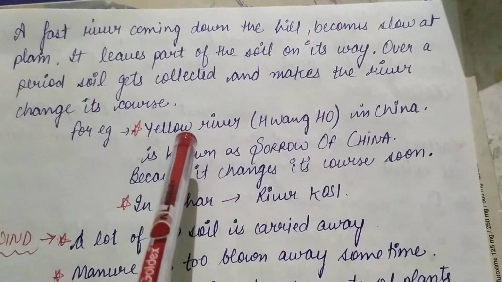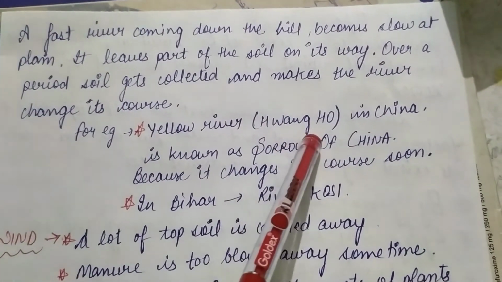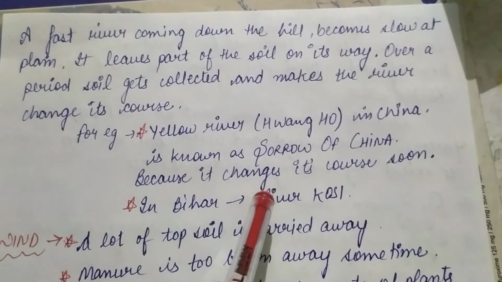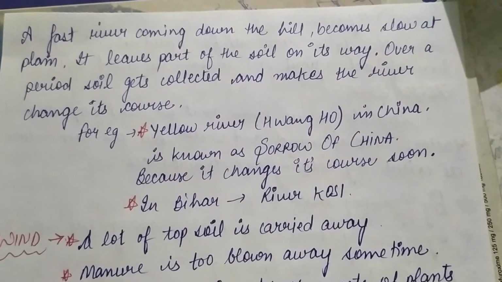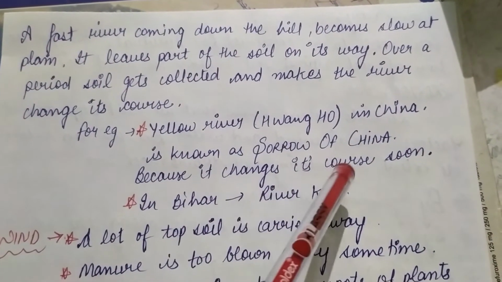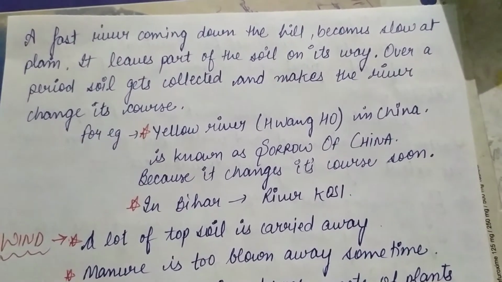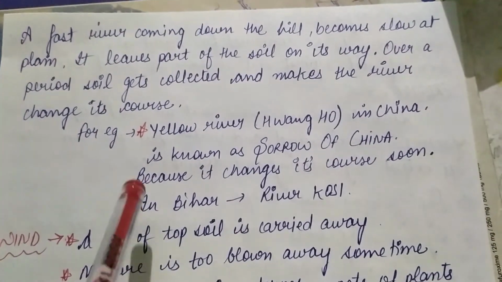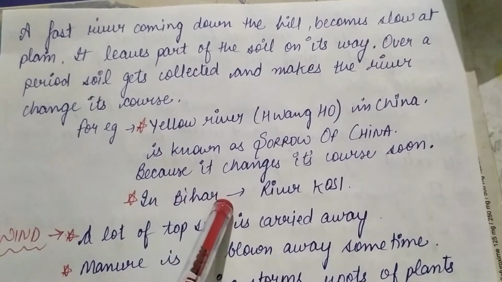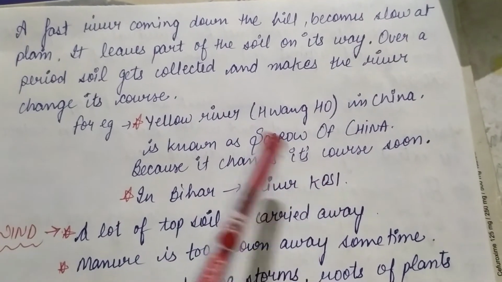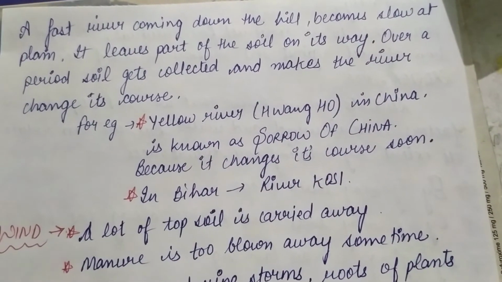For example, the Yellow River, the Huanghe in China, is known as Sorrow of China because it changes its course soon. In India also, in Bihar, there is a river Kosi which changes its course.